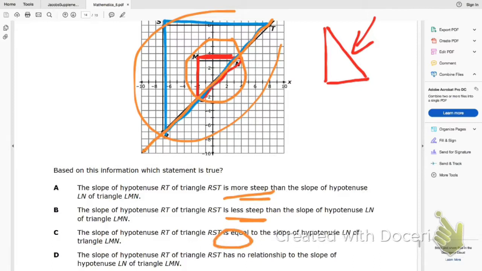Yes, we know that there is no relationship, but that's not our answer choice. With no relationship, less steep is out, and more steep is out. So the only answer choice is C. If they ask something like this, they're asking about the steepness of a line and talking about the hypotenuse, and it's asking what is true, then yes, it is equal.